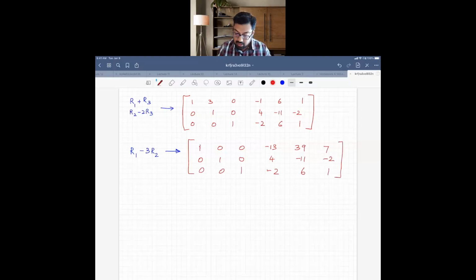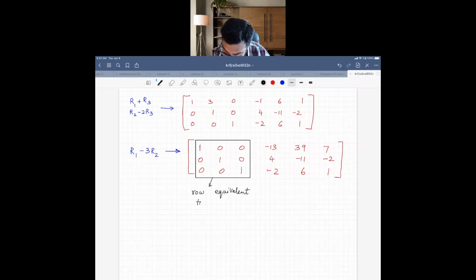Right. So you see, this has now become row equivalent to A, right? So let me just point that out here. Our A matrix is now row equivalent to identity, in this case I3, which means that all of the things over here, this is my A inverse.